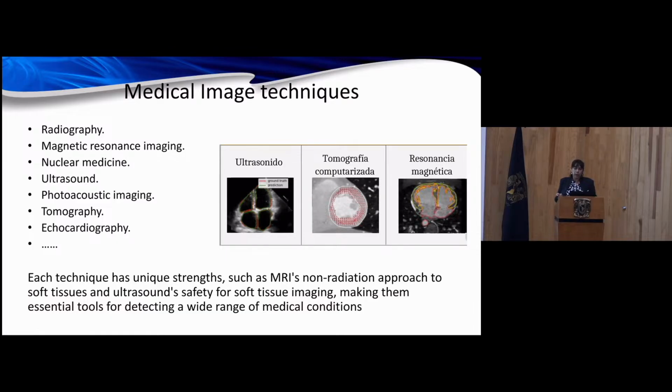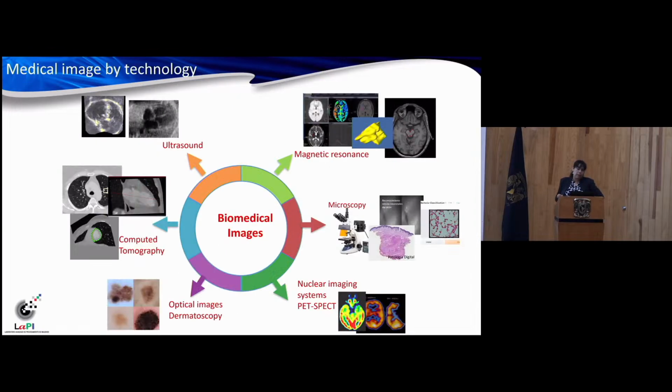So this limits the algorithms that may work in a computed tomography, but not on an ultrasound, for example, no? And the problem is that the quantity of images and techniques is growing. The quantity of images is growing exponentially. There are studies for that, but also these techniques are always changing, and there are many others that are evolving.